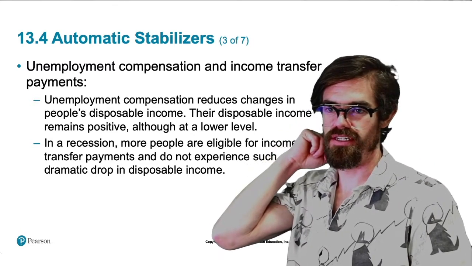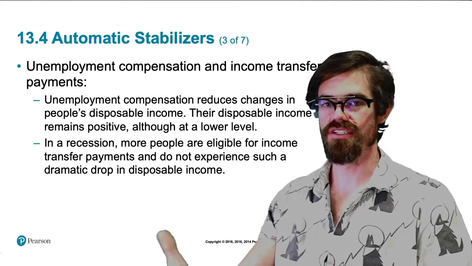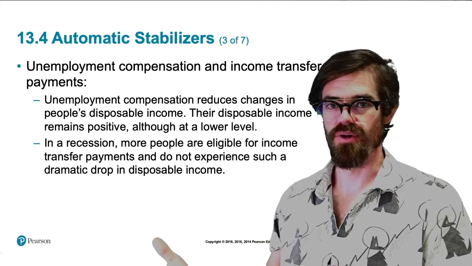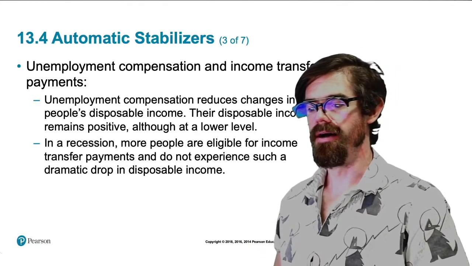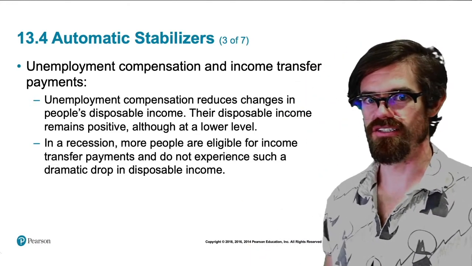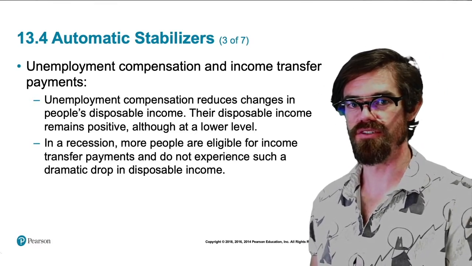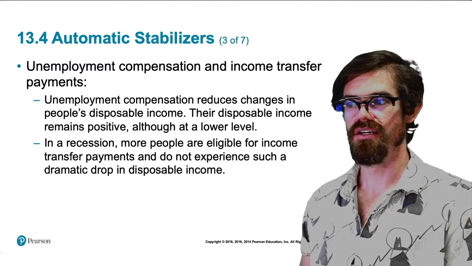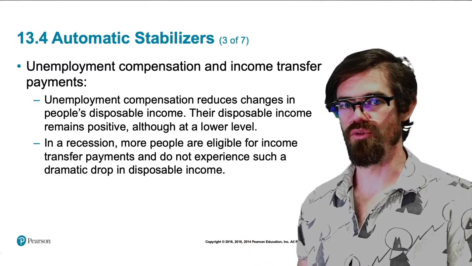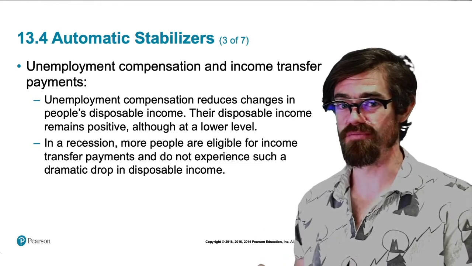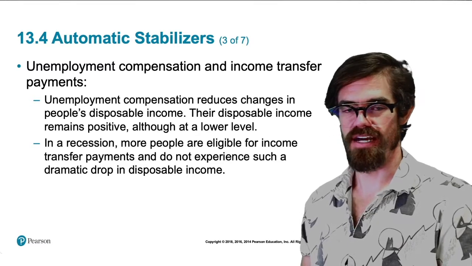And so in this way, the government is basically increasing spending automatically when there's a recession and people start to ask for unemployment benefits. And so recently, this has been a pretty huge boost to aggregate demand because there's been an unprecedented number of people applying for unemployment benefits. Millions of people, tens of millions of people in the last couple of weeks here.